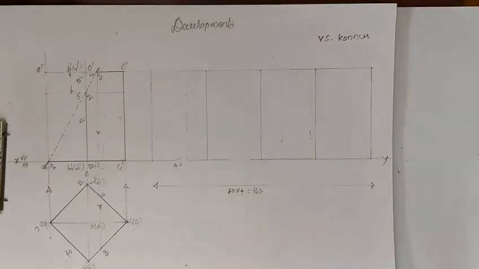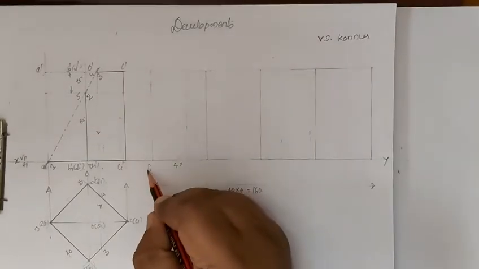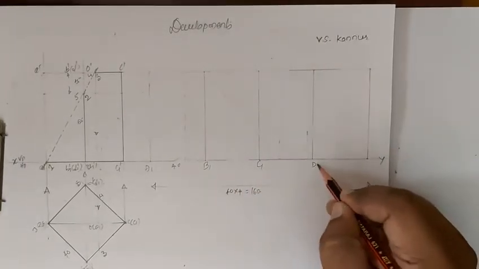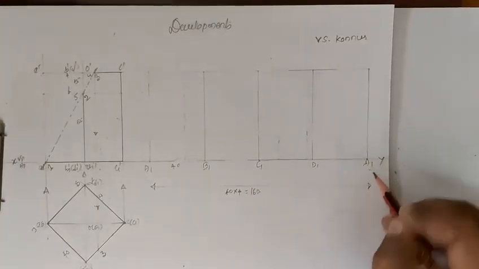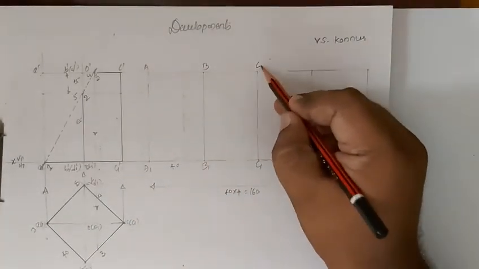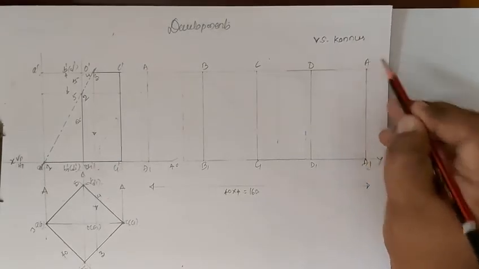So this is how we have to divide, and then mark this as A1, B1, C1, D1, capital letters. Back to A1, don't write E1. A, B, C, D, A. No dash, nothing.